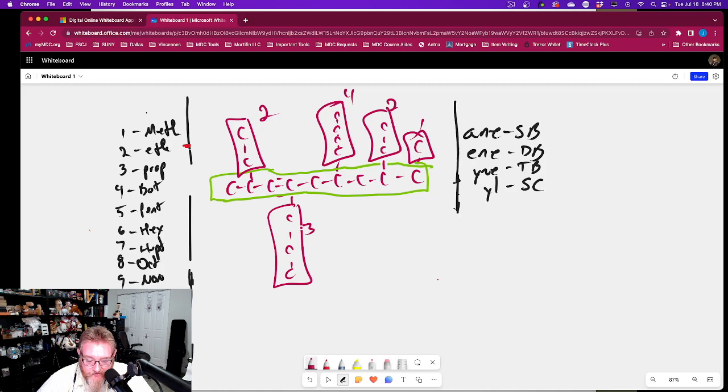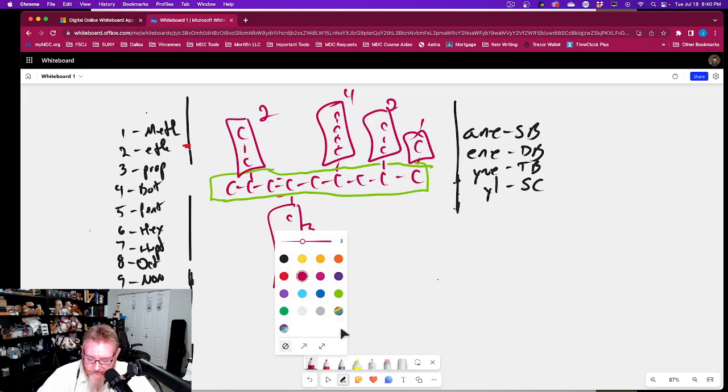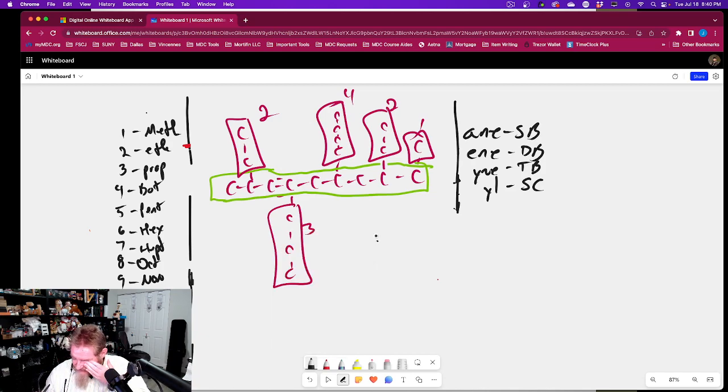Now I got something interesting. I got 2 groups of 2. Don't panic. What's the rule say? You start with the largest one. 1, 2, 3, 4, 5, 6, 7, 8, 9. 9 is non. Triple bond, get a triple bond right here.